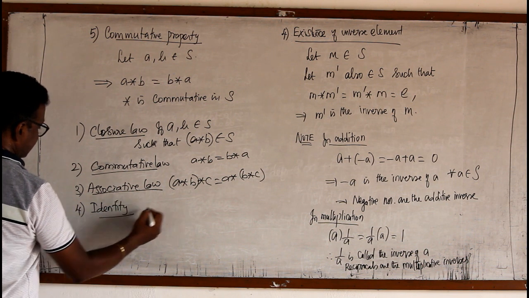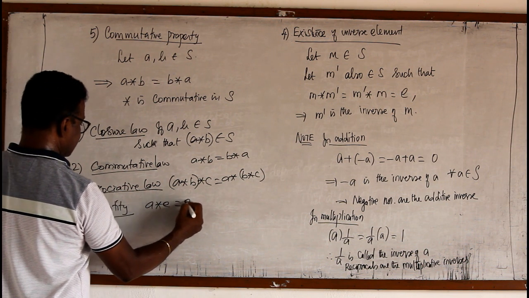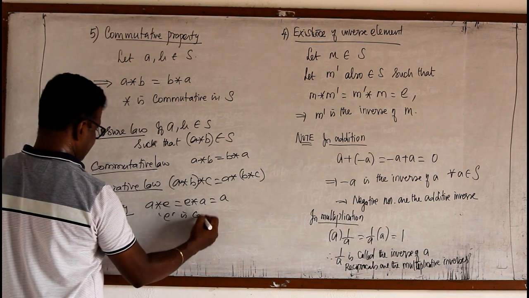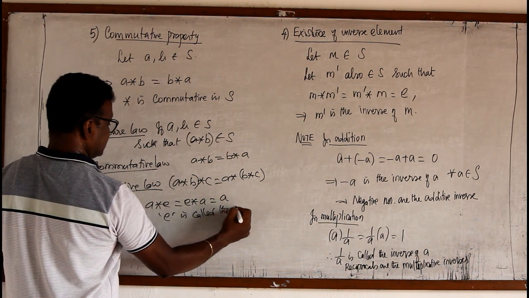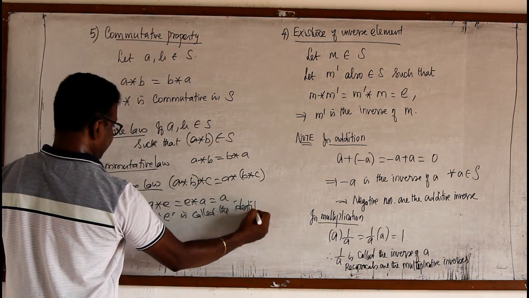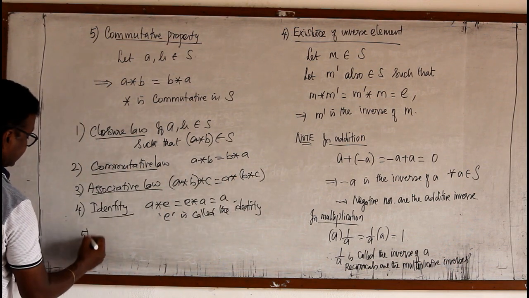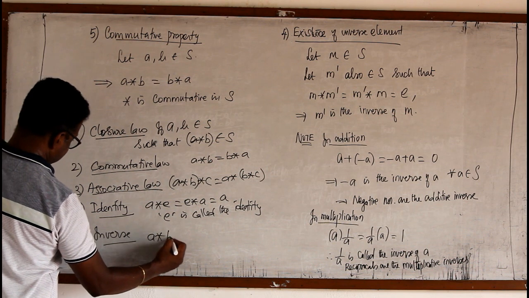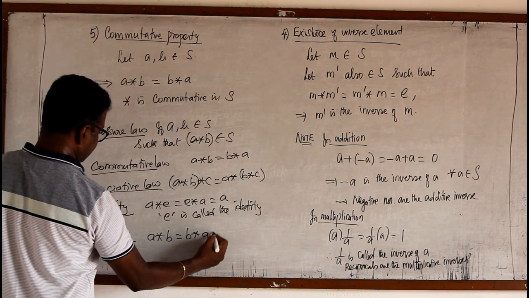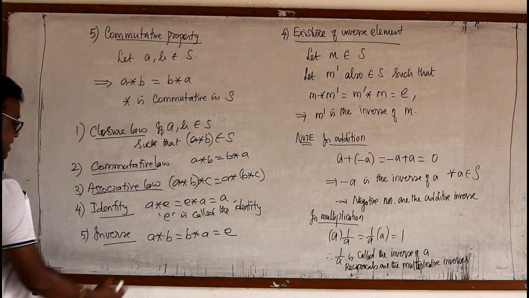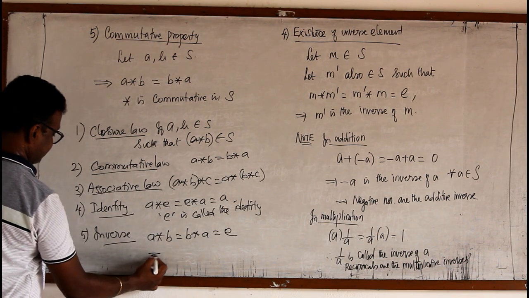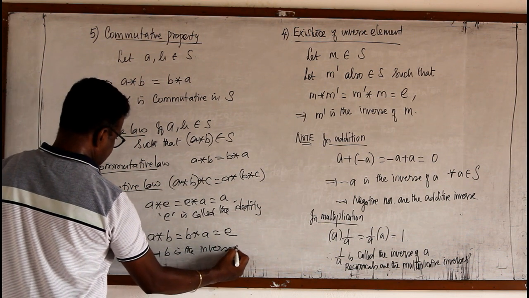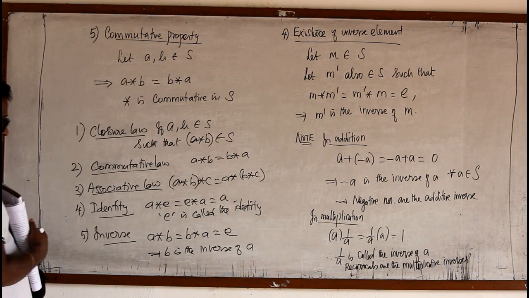Identity means either A star E or E star A equals A. Then E is called the identity element for the set itself. Then inverse. If I operate any two elements, A star B or B star A, and I get identity as the answer, then one element is the inverse of the other. That means B is the inverse of A, or A is the inverse of B.